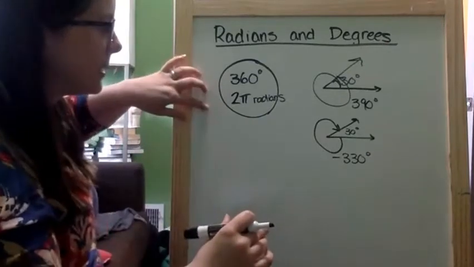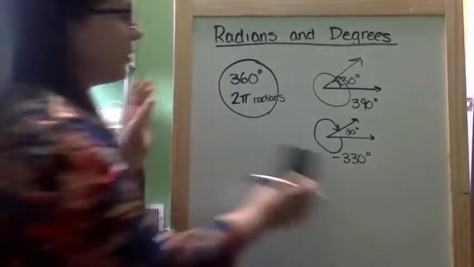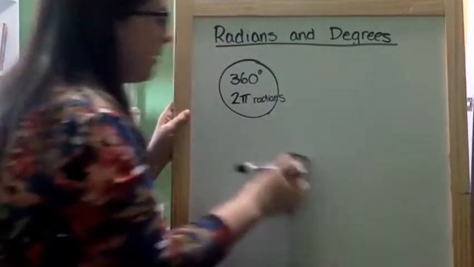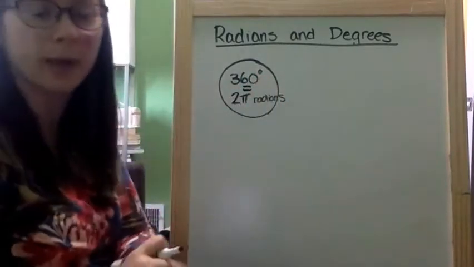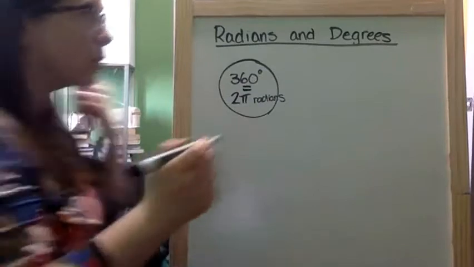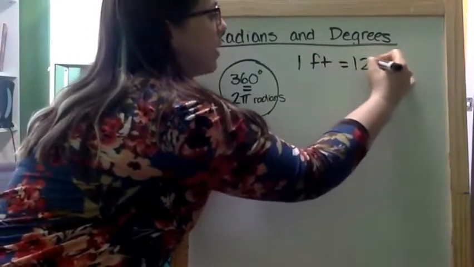So if we come back to this idea of our radians and our degrees, what this knowledge allows us to do, right? 360 degrees is equal to 2 pi radians. That's just like we know that 1 foot is equal to 12 inches.